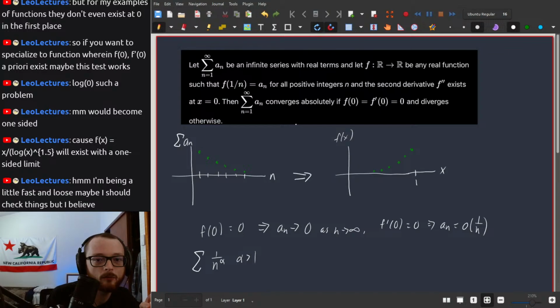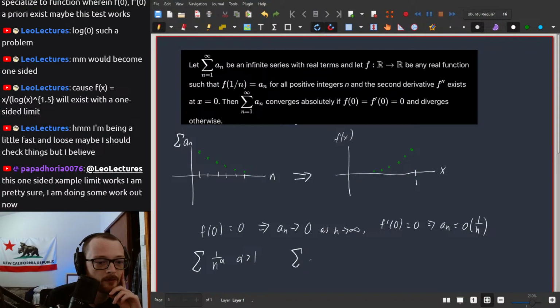And I think what this stuff right here tells you is that a sub n could be written as some constant over n squared plus big O of 1 over n cubed.